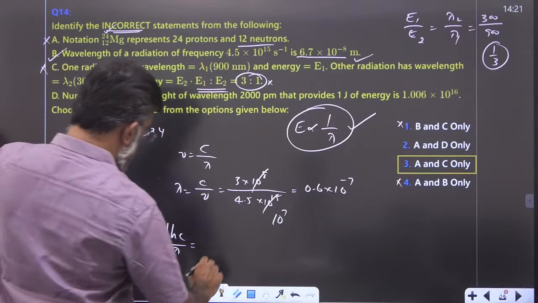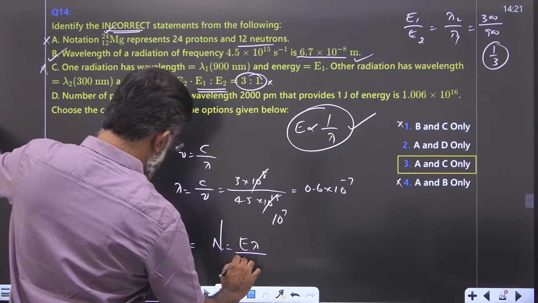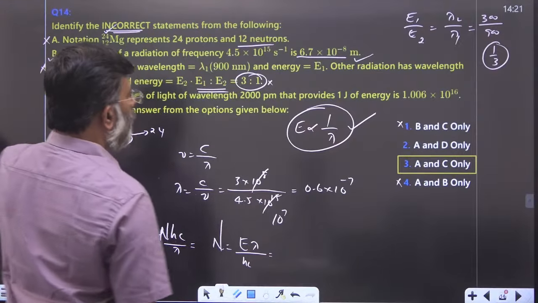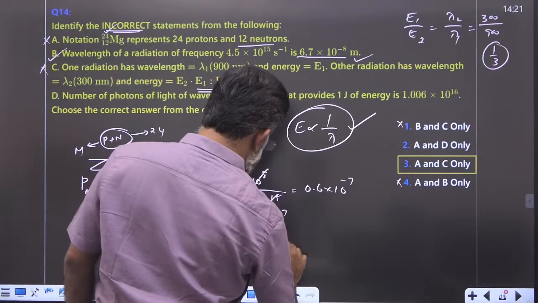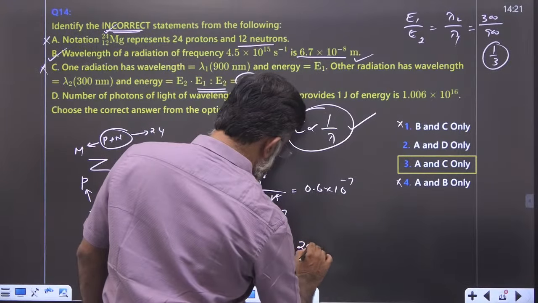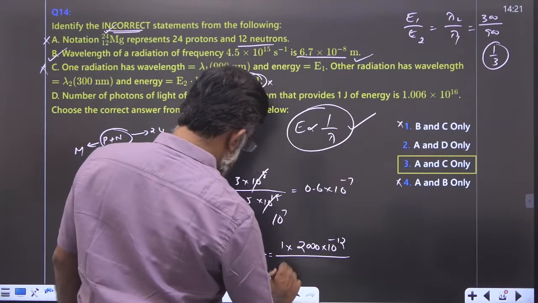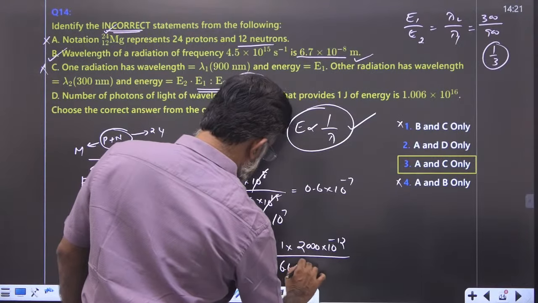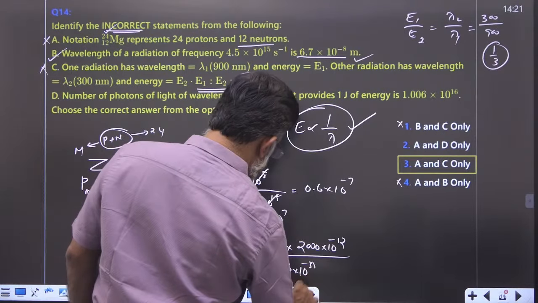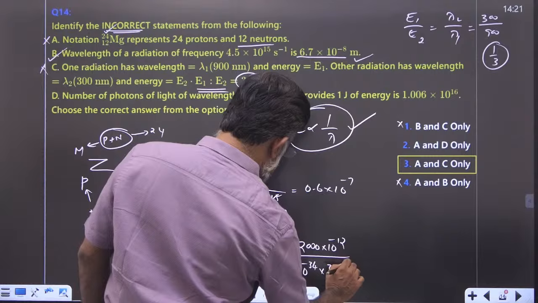Please work out. Therefore, n is equal to E lambda by hc. E എത്രയാ 1 joule. So 1 into lambda, 2000 picometer. So 2000 into 10 power minus 12 divided by 6.6 into 10 power minus 34 into 3 into 10 power 8.